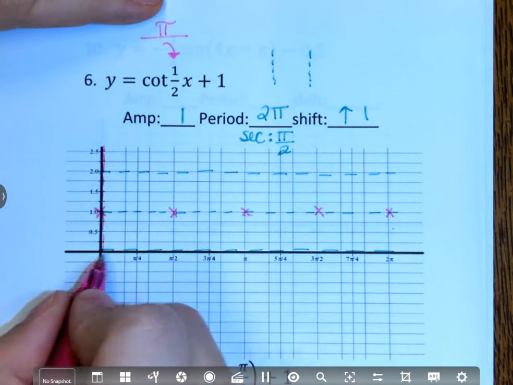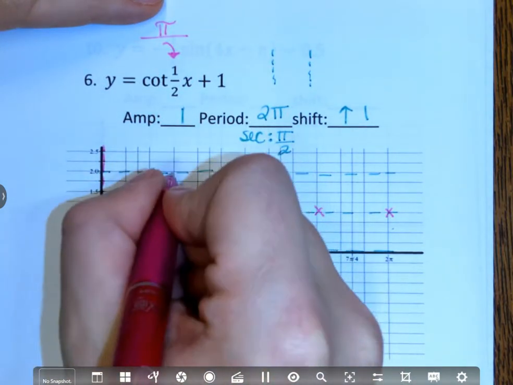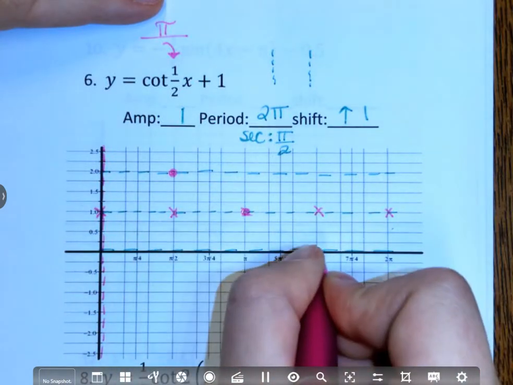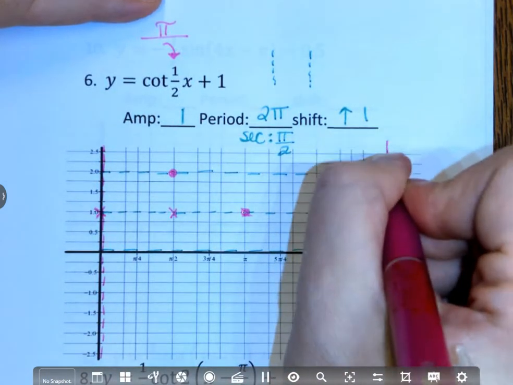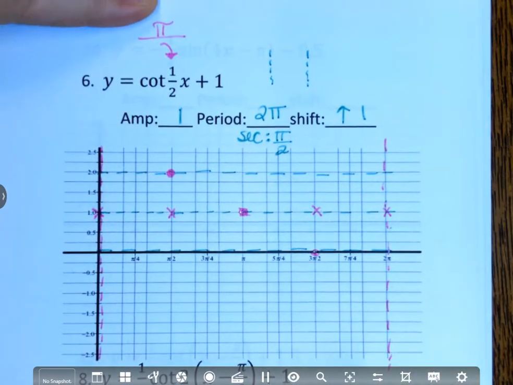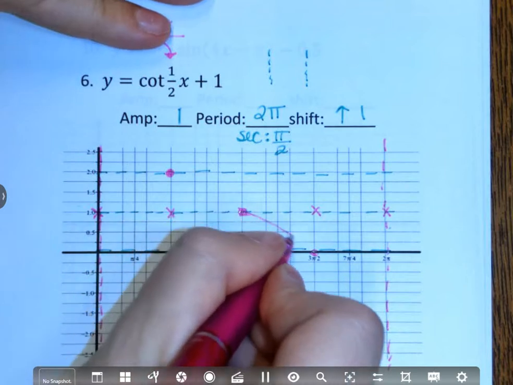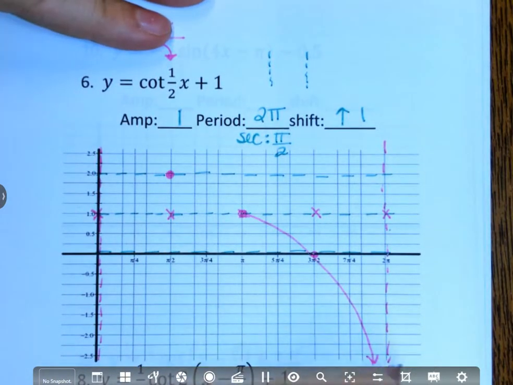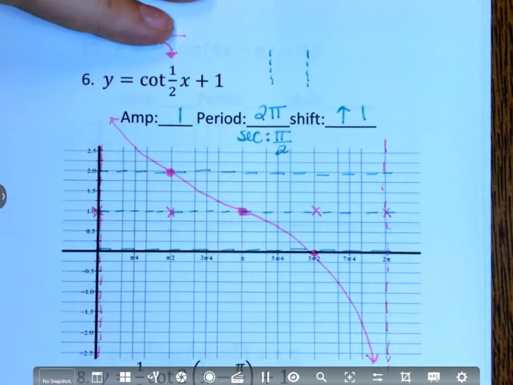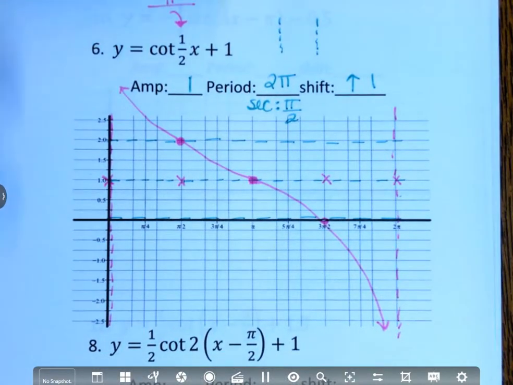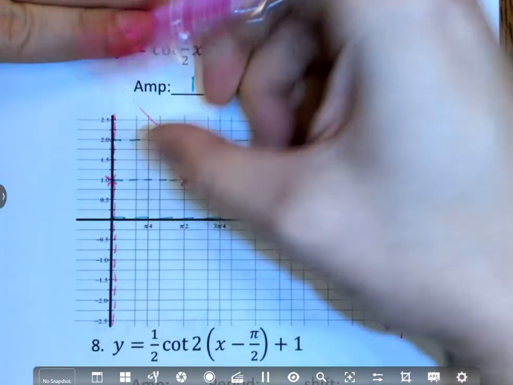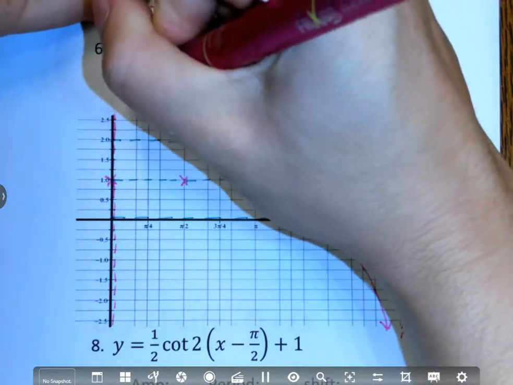Down, and that means at the next point, it'll be at the top, next point middle, next point bottom, asymptote. Feel free to move your paper to graph that. I'm just trying not to, so that you can still see what I'm doing. Only it makes it super hard to graph.